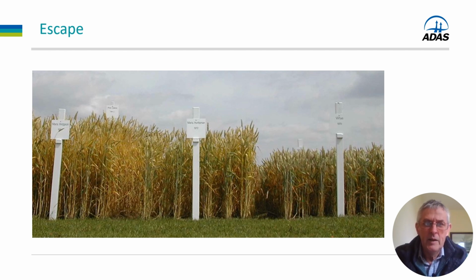We then, in the early 1970s, had what was really a breakthrough in plant breeding, Maris Huntsman, which was somewhat shorter, produced less straw and more grain, and had about a 15% higher yield as a result of that higher harvest index.